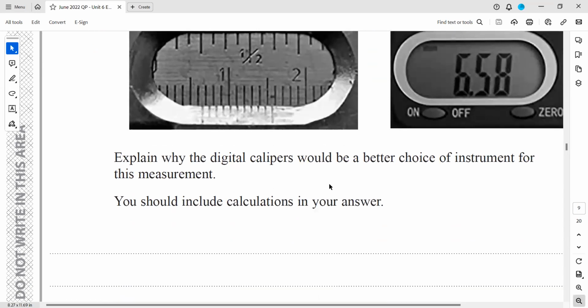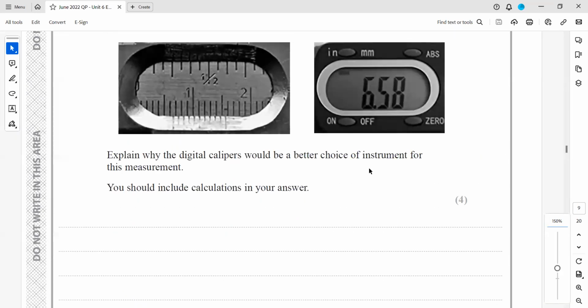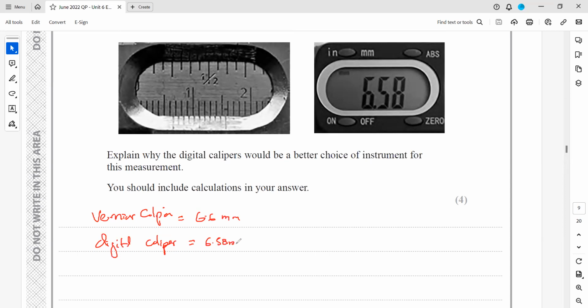Because it's a 4-mark question, you're supposed to state the vernier caliper and digital caliper readings. First, the reading of the vernier caliper is 6.6 millimeter. Sorry, millimeter, the centimeter value was 0.66. And for the digital caliper, the value is 6.58 millimeter. That is the first thing.